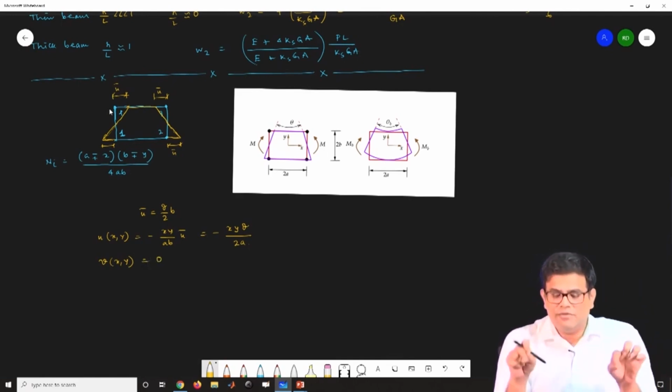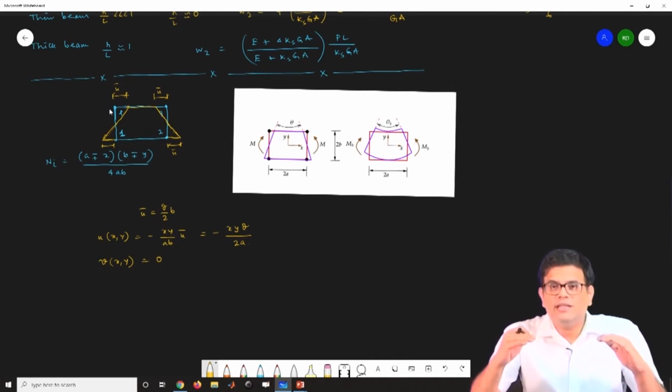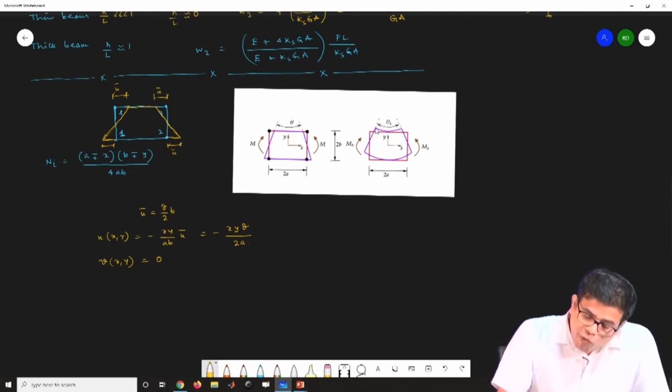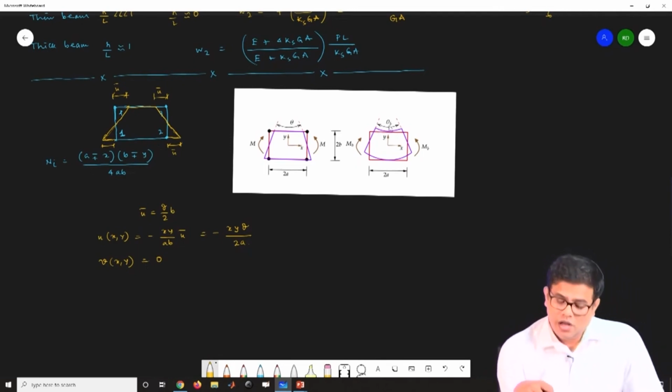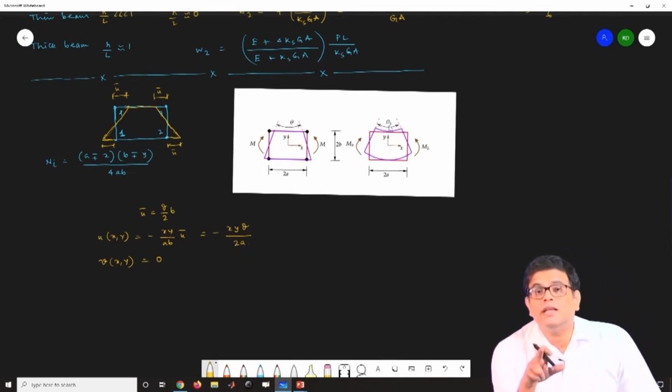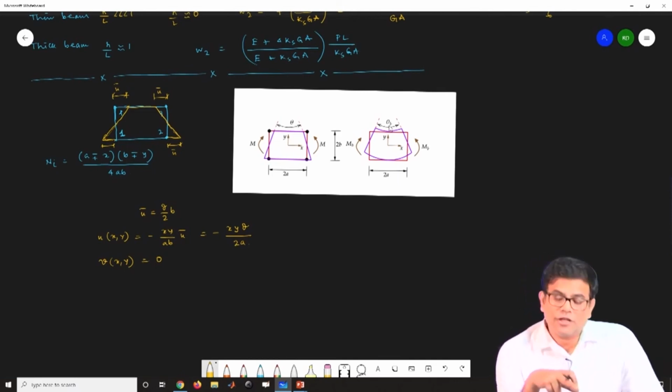So if I have a square and give it pure bending, there is no way to represent this particular bending mode with the bilinear element.